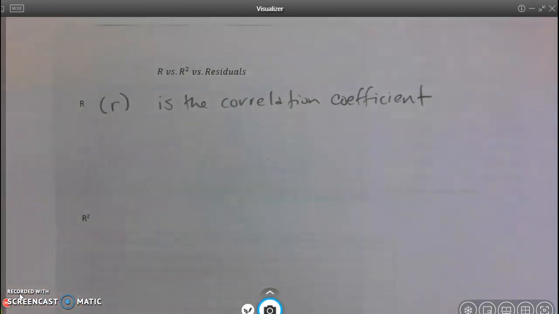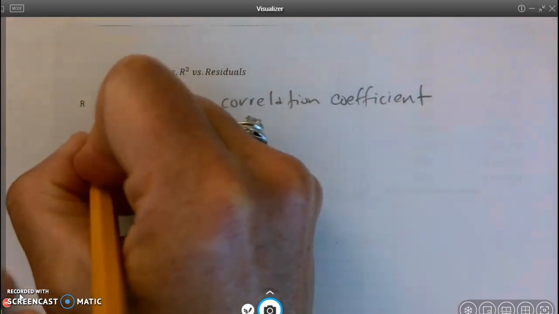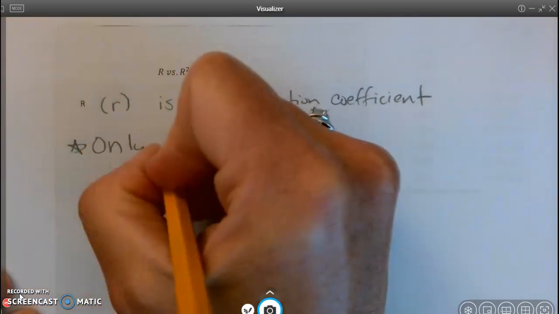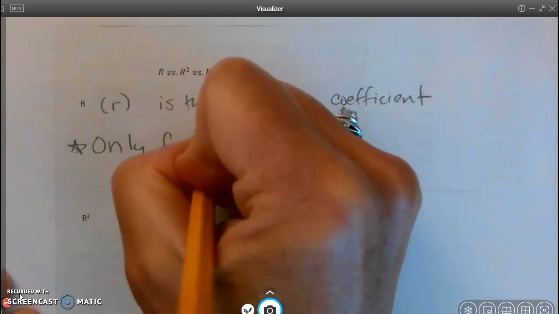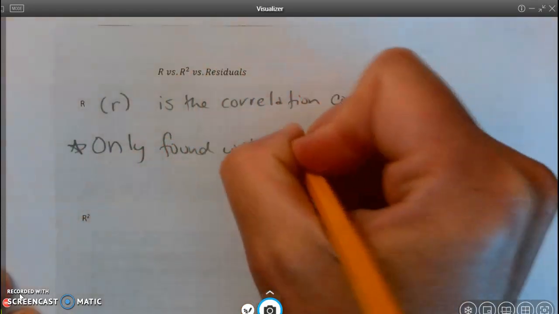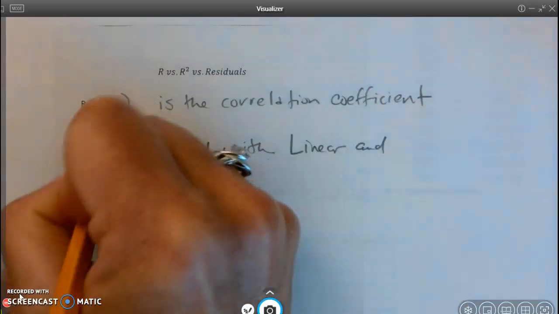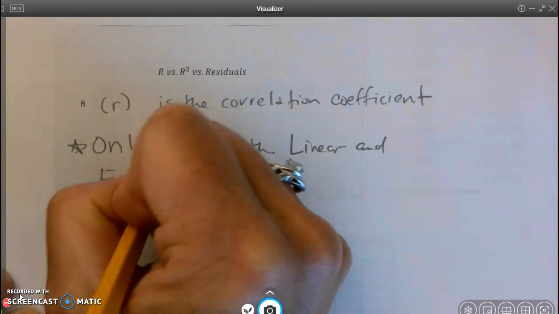And that correlation coefficient is something that we use to determine what kind of a fit something is, and it's only for linear and exponential models. So let's put a star here: only found with linear and exponential models.